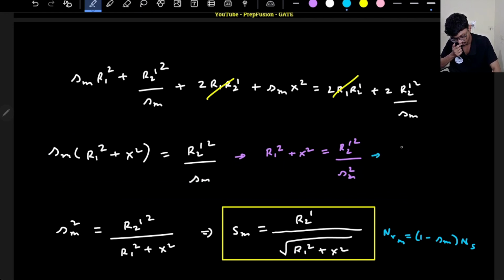So here what I can say is r2 dash divided by sm will be equals to r1 square plus x square whole under root.